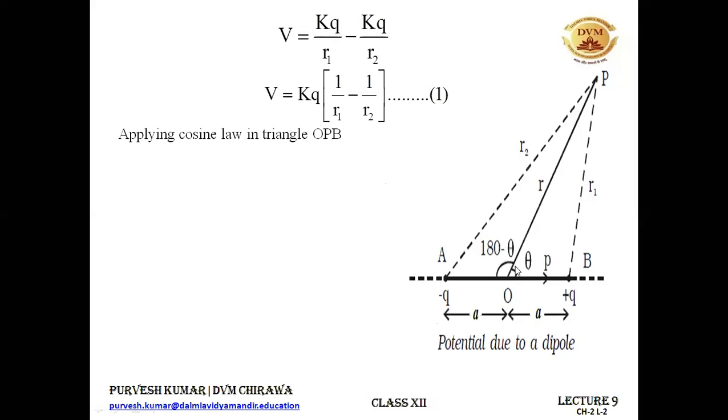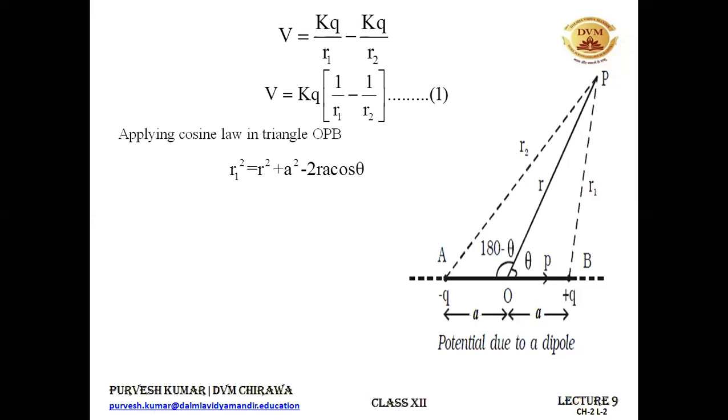So the square of the side opposite to theta, that is R1 square, can be written as A square plus R square minus 2AR cos theta. This is our cosine law. Applying the cosine law in triangle OPB, R1 square is equal to R square plus A square minus 2RA cos theta.